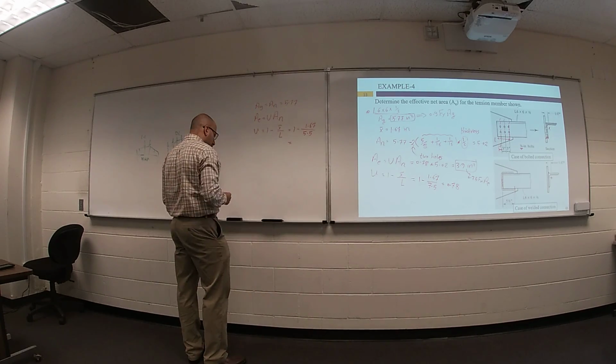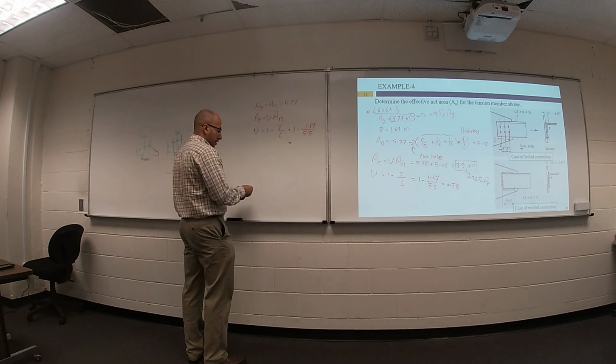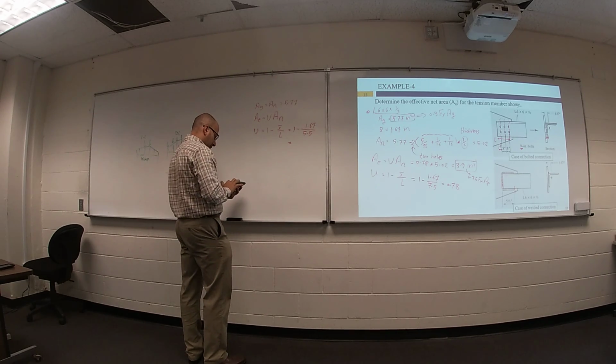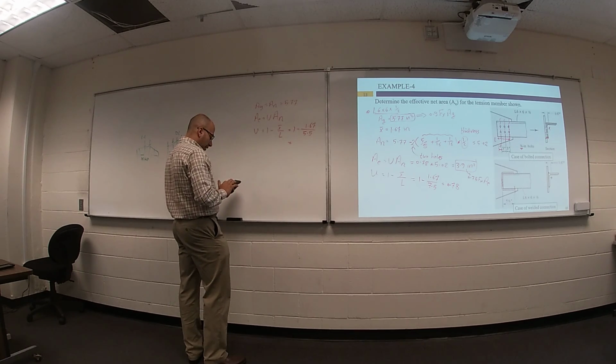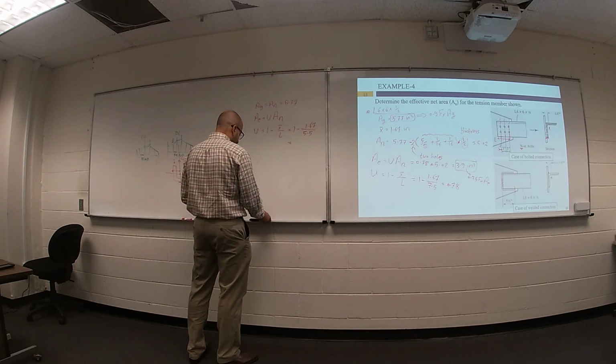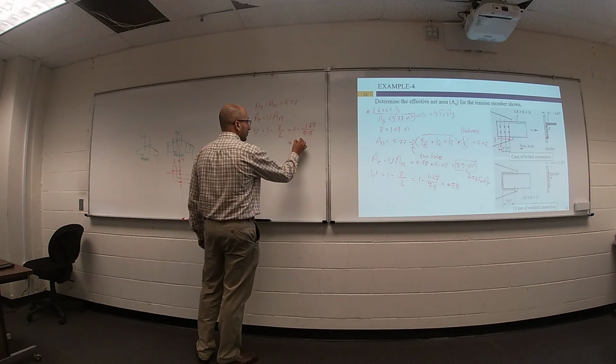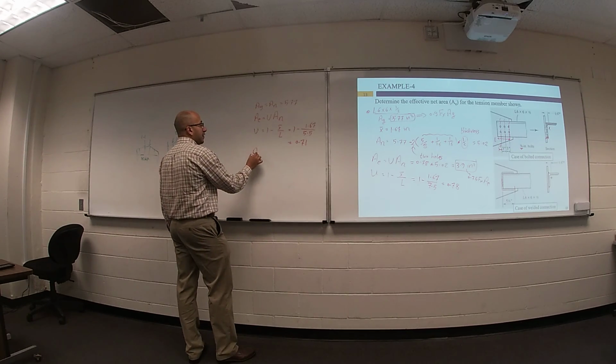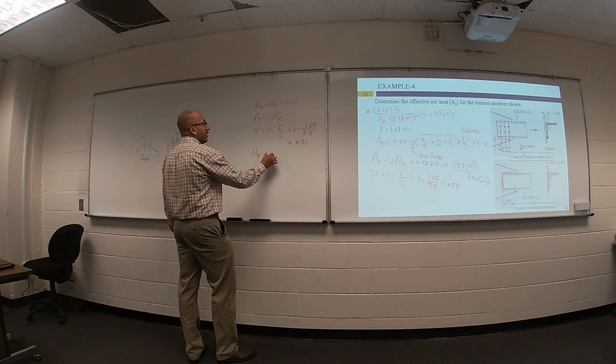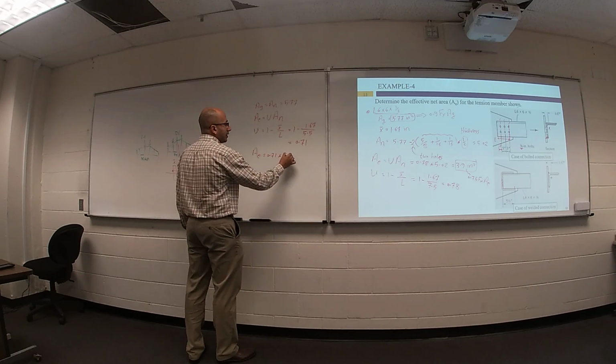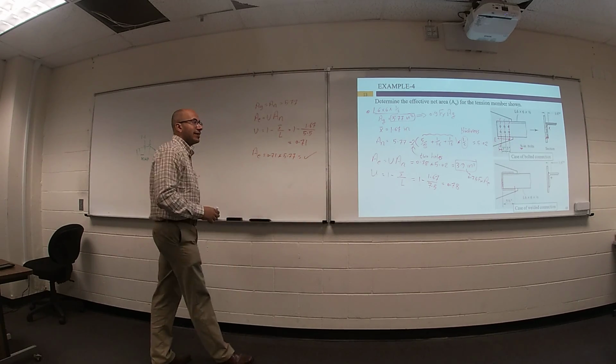You can get your factor. Something around 0.71, 0.72. So your area effective is equal 0.71 times 5.77. You can get your effective area.